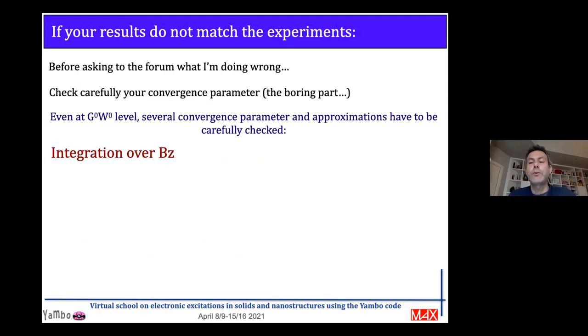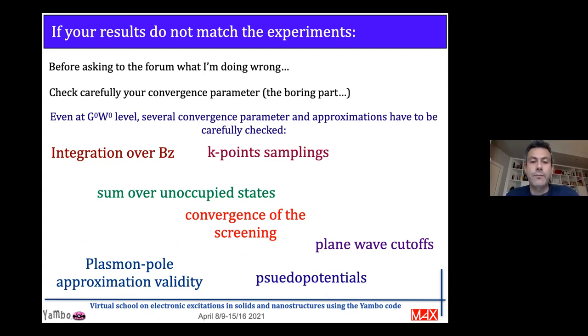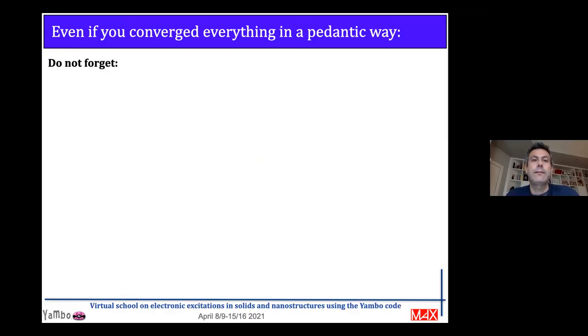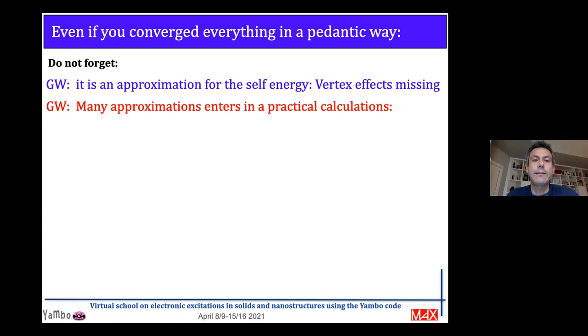Even at G0W0, which is the simplest approximation, here I just put several parameters that you have to carefully check before having meaningful results. Even if you converge everything, do not forget that GW is an approximation for the self-energy. Vertex effects are neglected.